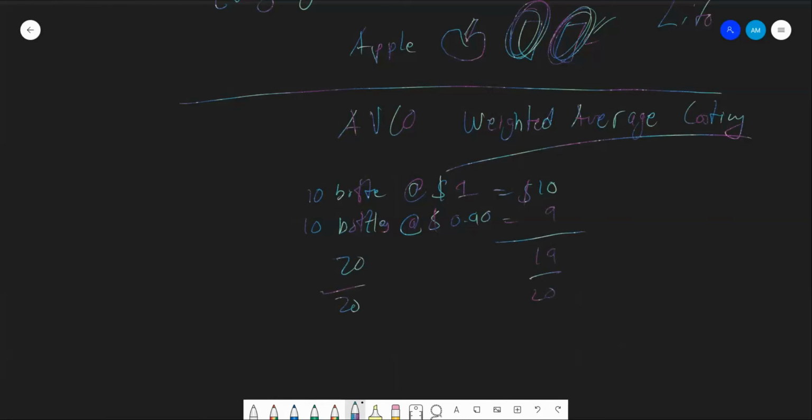So if you divide 19 divided by 20, you get 0.95. So in this case, one bottle is equal to $0.95. This is how AVCO works.